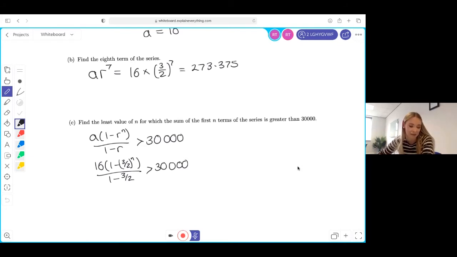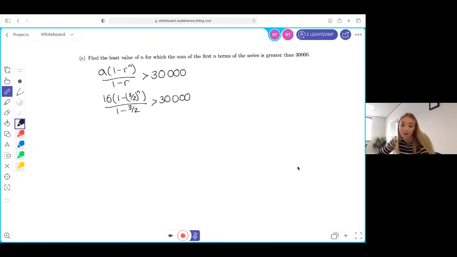So usually people already don't like this one because what we've got to solve it for is a power. But if I just start to rearrange it, the 1 minus 3 over 2 on the bottom is just minus a half. So if I do 16 divided by minus a half, that gives me minus 32.